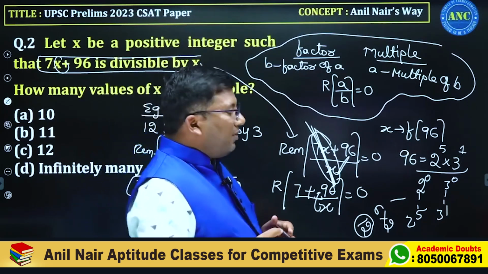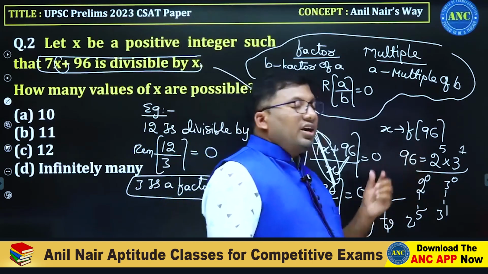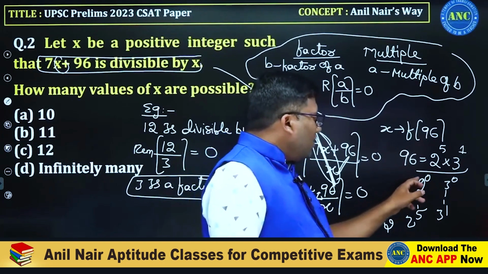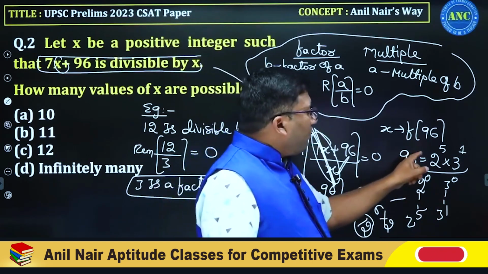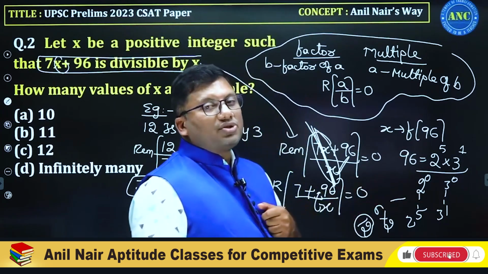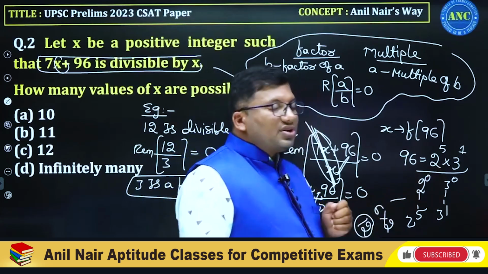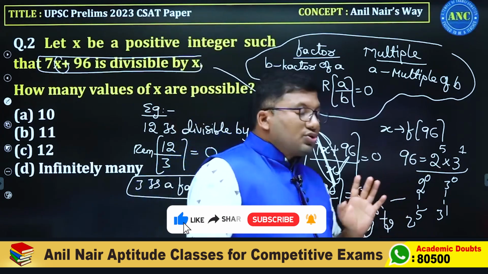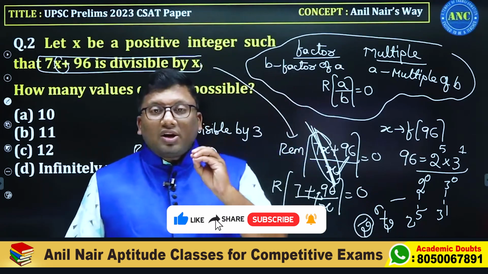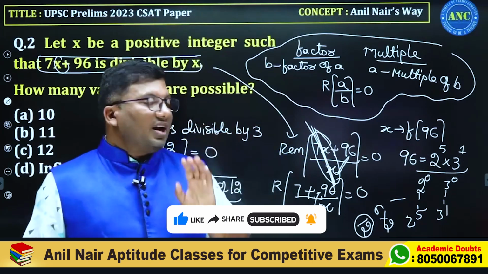So 2 power 0 into 3 power 0, 1, is a factor of 96. 1 into 3, 3 is a factor of 96. All the powers of 2 from 0 to 5 give 6 cases, and all the powers of 3 from 0 to 1 give 2 cases. 6 2s are 12. All the 12 factors of 96 will perfectly divide 96.